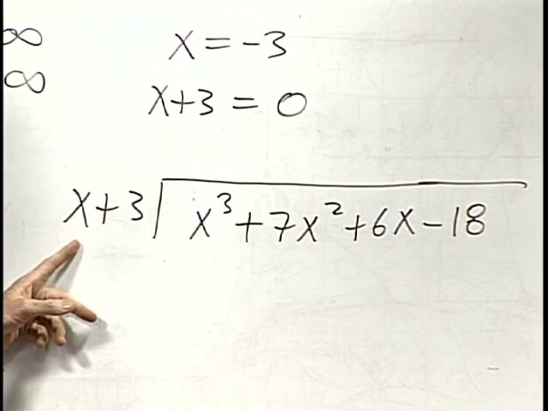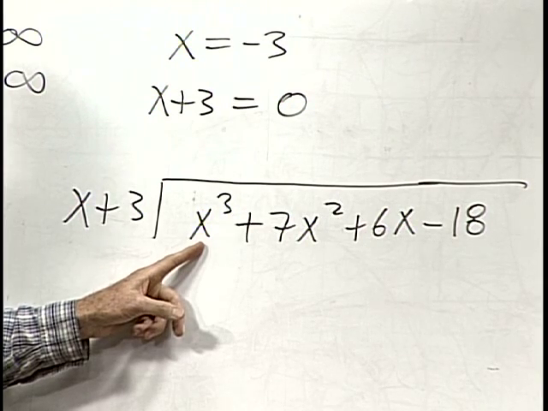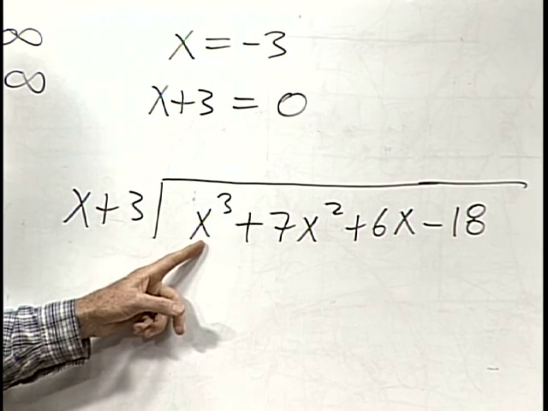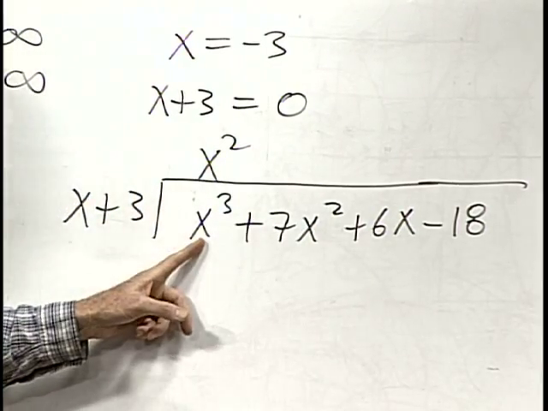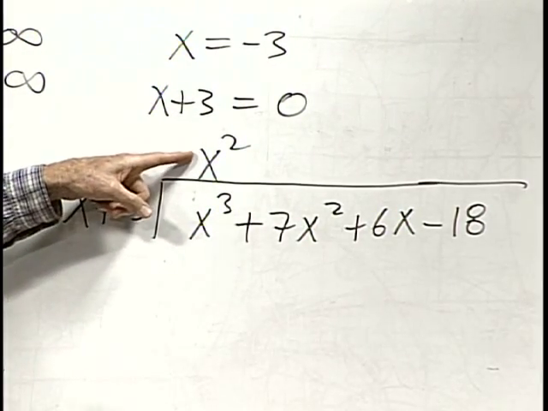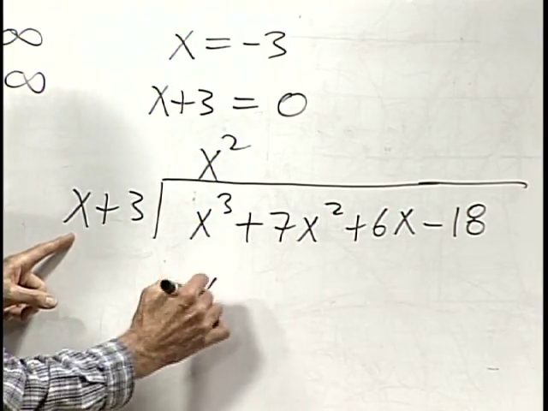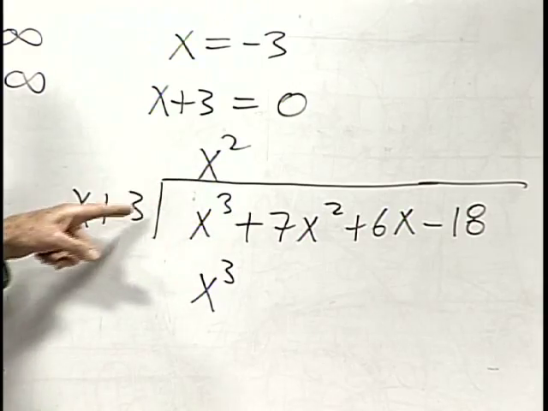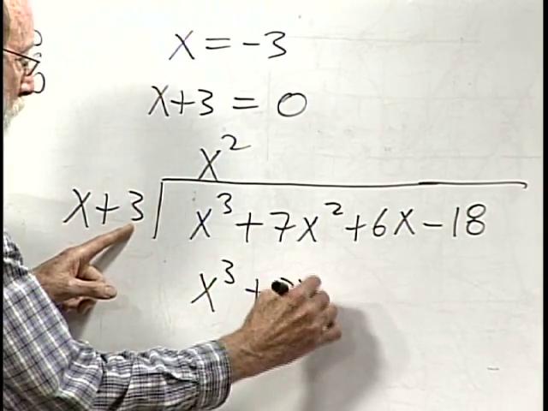Similar to what we did with the arithmetic, x divides into x cubed how many times? x squared times. Now you multiply this quotient value times this, and we get x cubed, and then keep going. x squared times 3 is plus 3x squared.